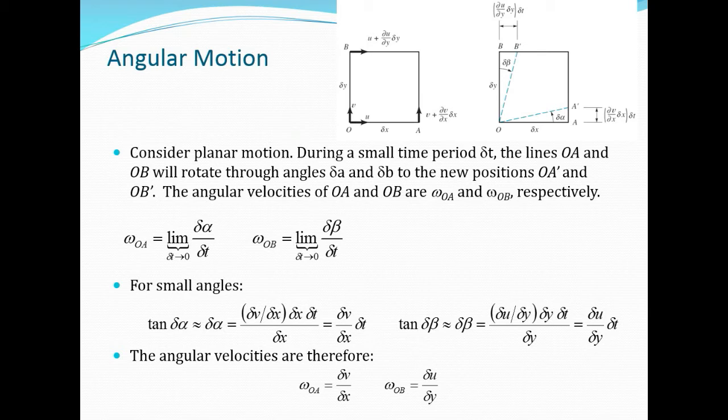If we have a velocity down here at O, and a velocity up here at B, where O is U and B is U plus some change in U, then we end up with an angular velocity like so, if the velocity at B is greater than at O. Similarly, if the V component of the velocity is greater at A than at O, then it's going to swing it this way, right?